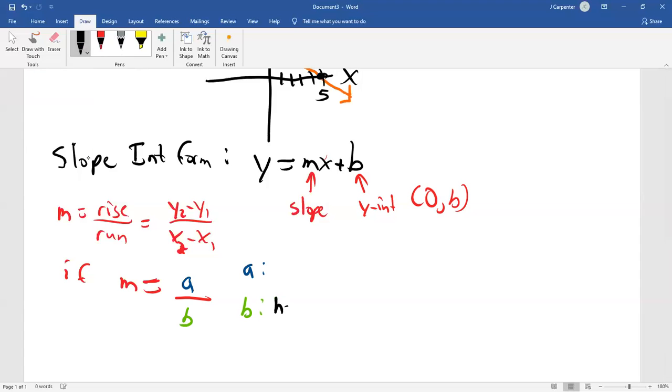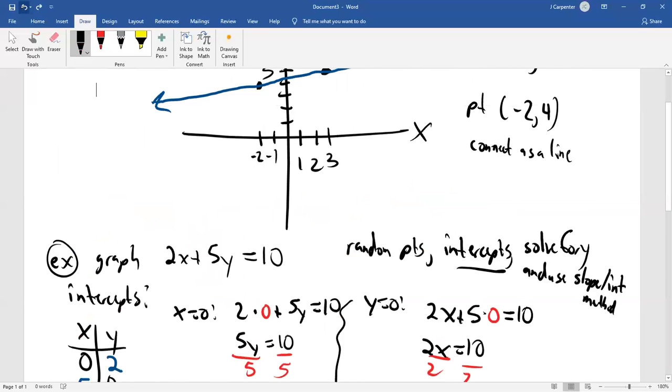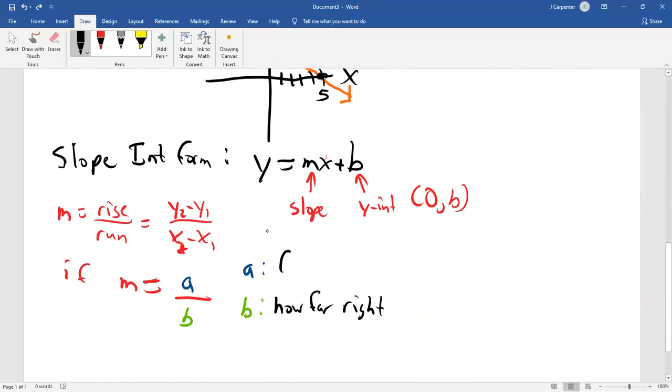This is how far you go to the right. Never left, only right. A, the top, is how far you rise. That's up or down. How far up or down based on the sign. Up, positive; down, negative.